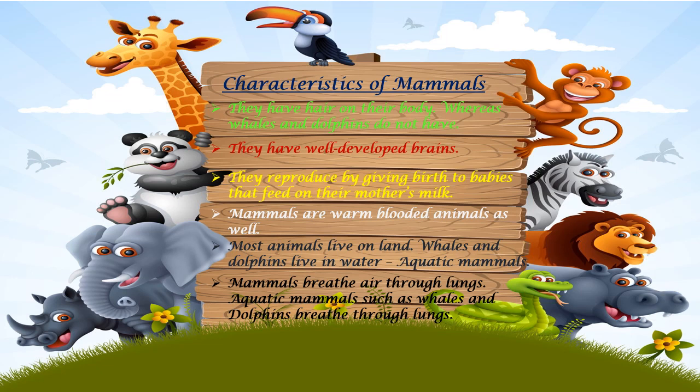So most of the time they come out of the water and breathe through their lungs. This is how they balance their life. Most of the time they come to the surface to breathe in the air, and then they get into the water and survive there. These are some specific characteristics of dolphins and whales under the category of mammals.